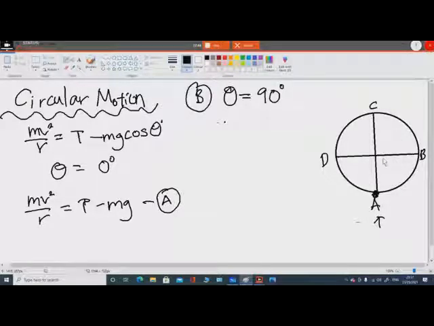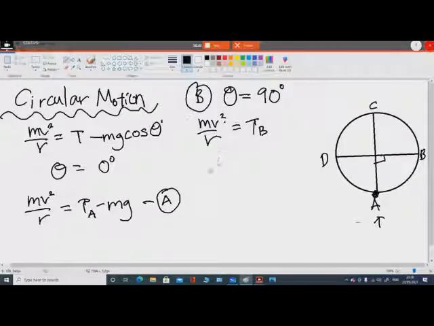Since we reached 90 degree, cos 90 degree gives us 0. So our centripetal force is equal to the tension of the string. I denote this as TB, so the tension at point B is equal to the centripetal force. This one is point A, TA.